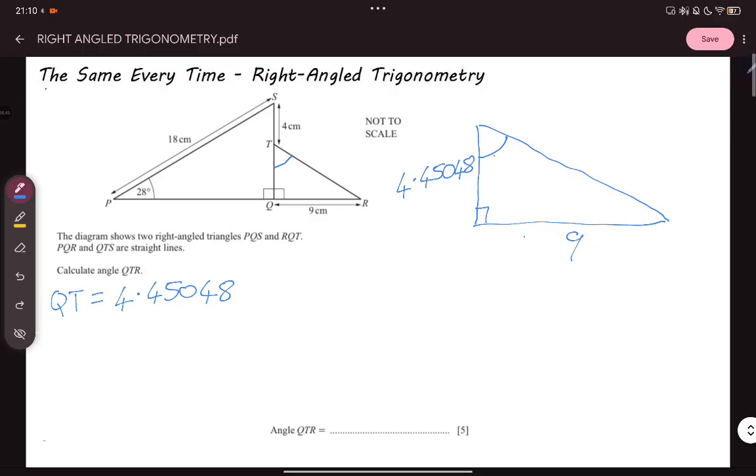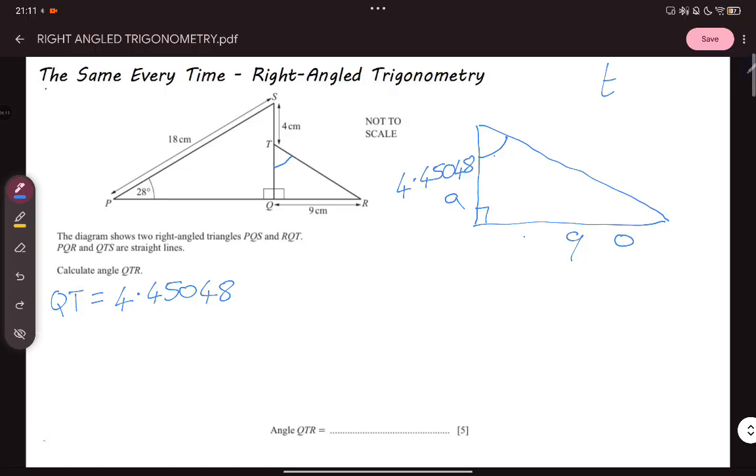So finding an angle, thinking of the first video in this set of videos, we need to label the sides. Well, we've got the right angle and the angle. So that's the adjacent side, isn't it? It involves the right angle and the other angle. Then opposite the angle we want to find, the 9 is the opposite side.